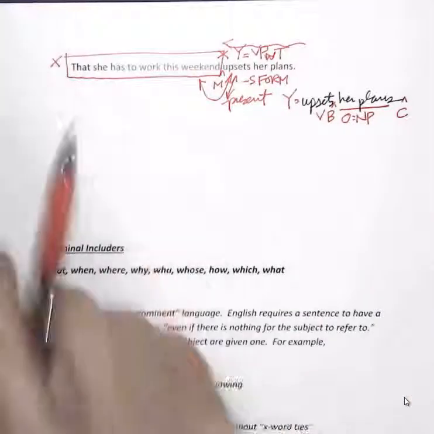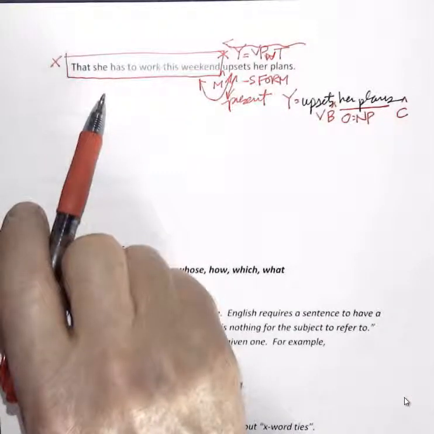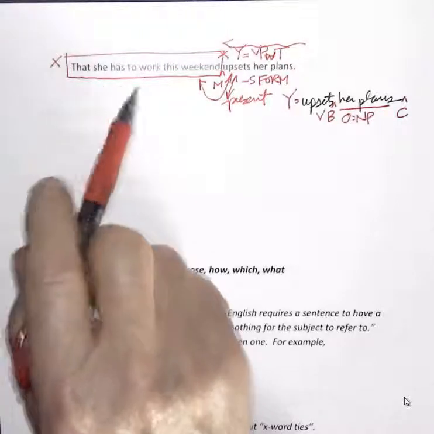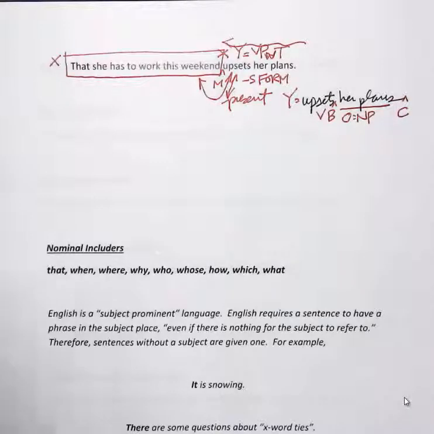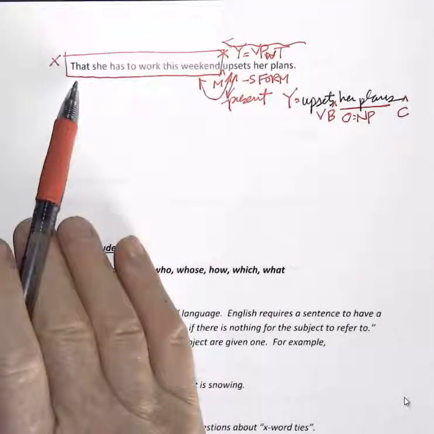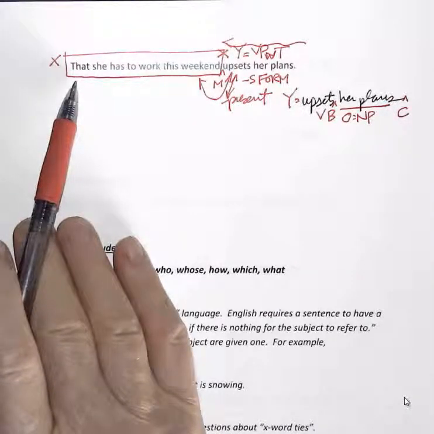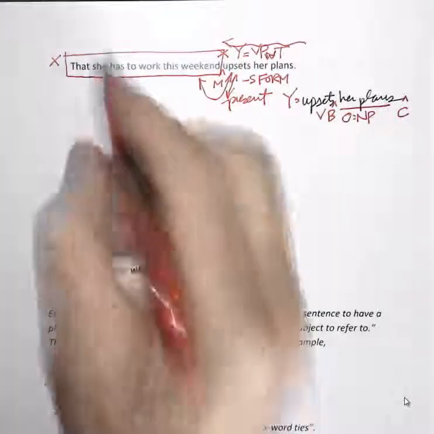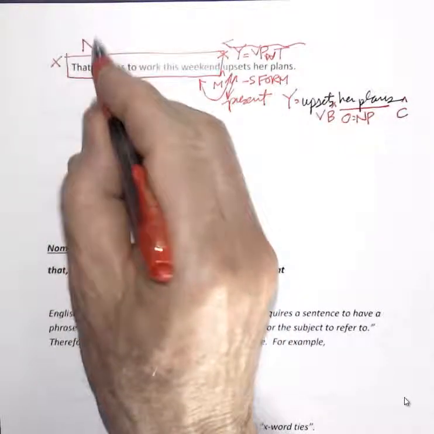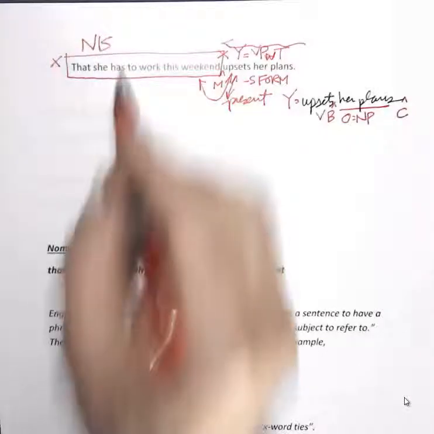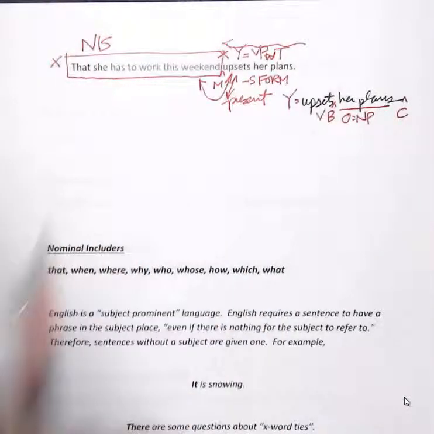Now I take a look at the subject, and the subject, she has to work this weekend, looks exactly like a sentence. But it has the word that. It's included with that. So what we have is a nominal included sentence because it's in the subject place.